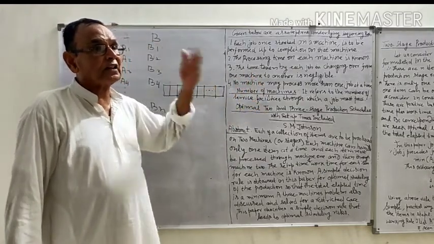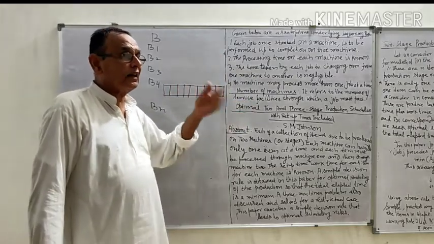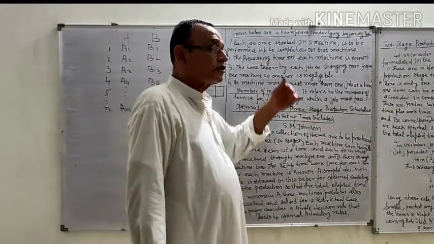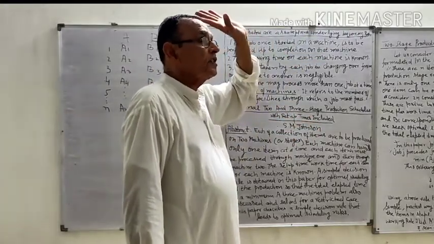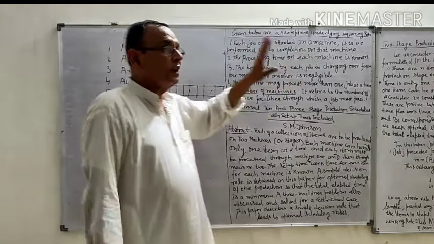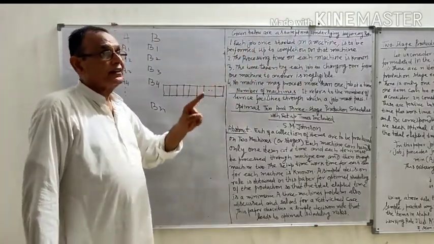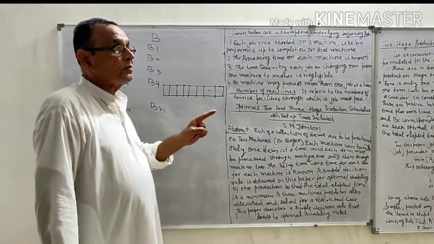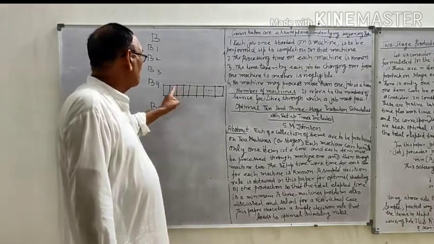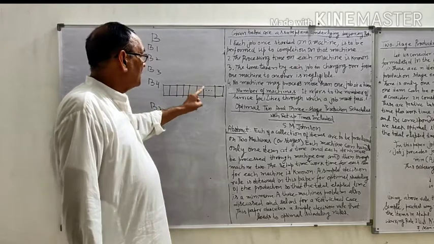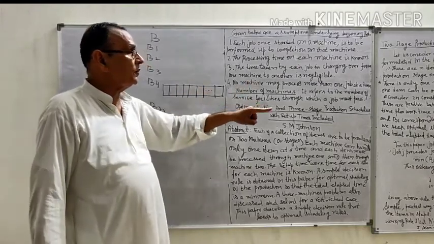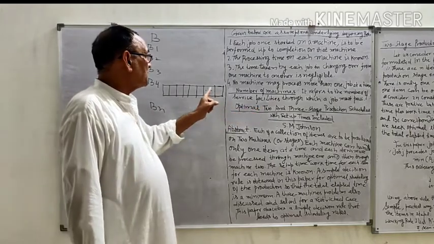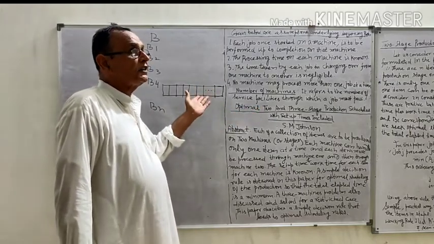Then again you will find the minimum of all processing times, excluding those already used. If that second shortest time occurs for the first machine, that job number should be filled over here, or if it is for the second machine, then it should be placed in the last job available in the table.